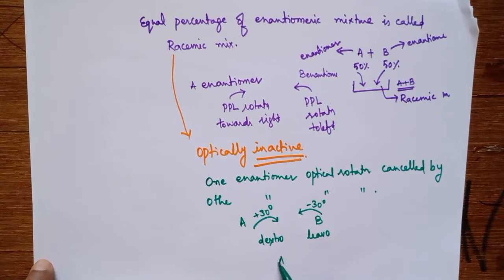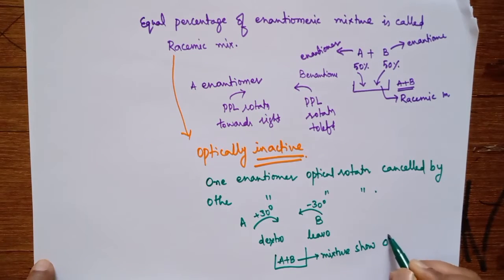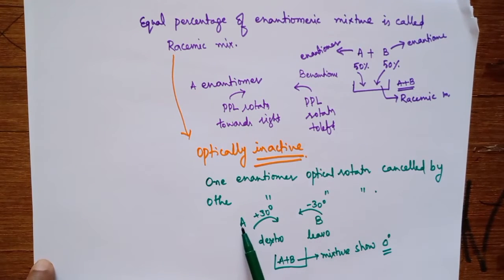So how much optical rotation does the A plus B mixture show? The mixture shows zero optical rotation, 0 degrees, right? That means the A product is optically active and the B product is optically active, but their optical rotations cancel each other in the opposite direction.